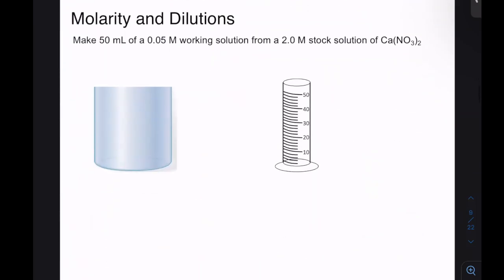So here's another typical molarity dilutions problem. We're asked to make 50 milliliters of 0.05 molar working solution from a 2 molar stock solution of calcium nitrate. Notice that calcium nitrate has 1 calcium for every 2 nitrate polyatomic ions.